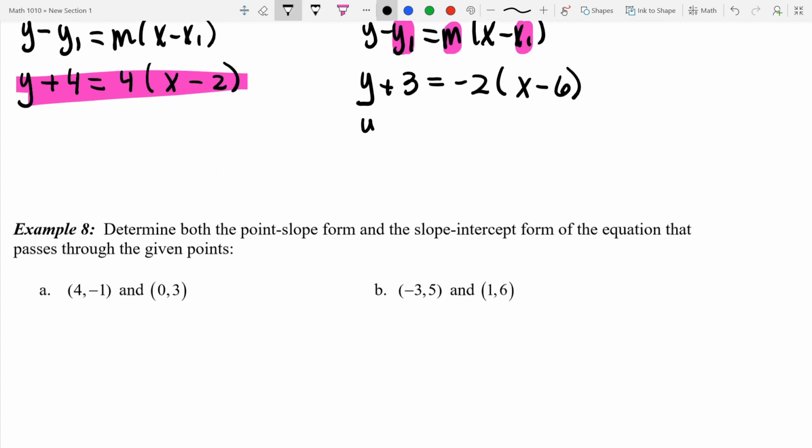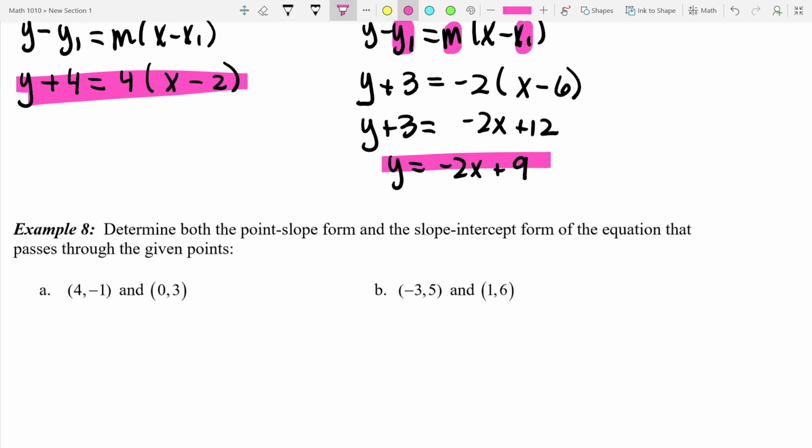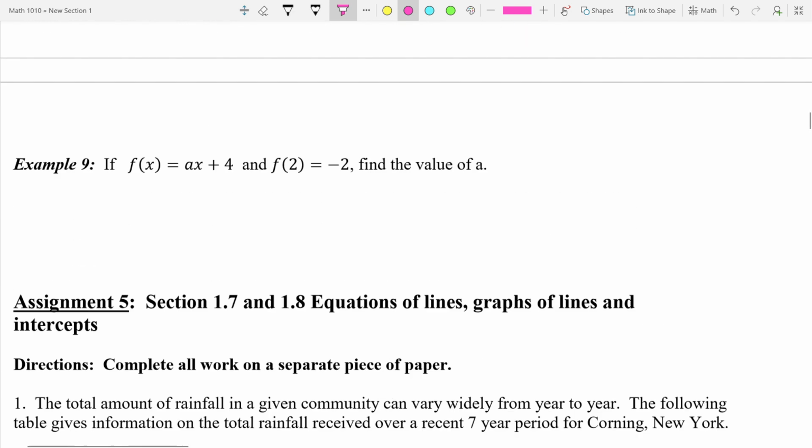Everybody go y plus 3 equals, distribute the negative 2, and you get negative 2x plus 12. Then the 3 comes over and becomes a negative. So you get y equals negative 2x plus 9, because 12 subtract 3 is 9. Highlight your answer, and you're done. That's it.